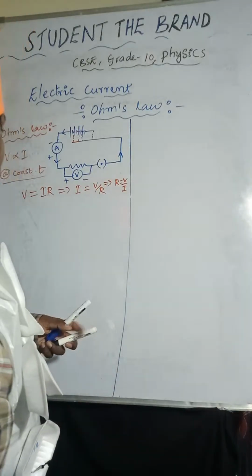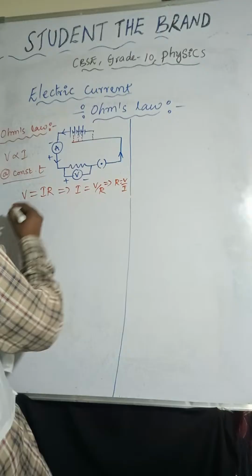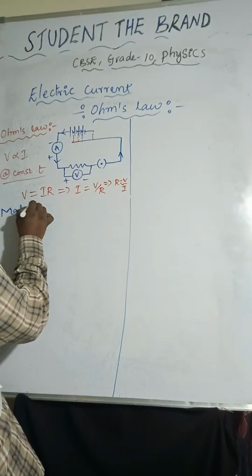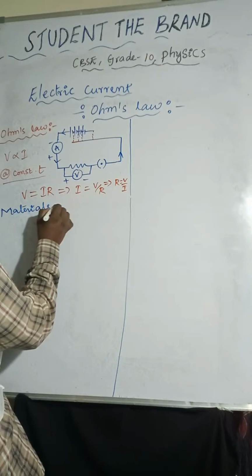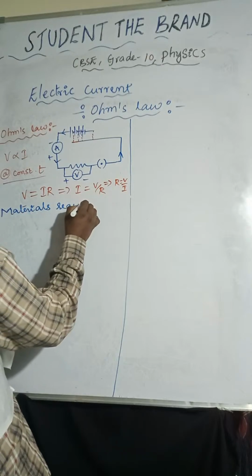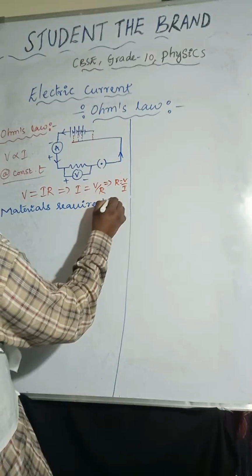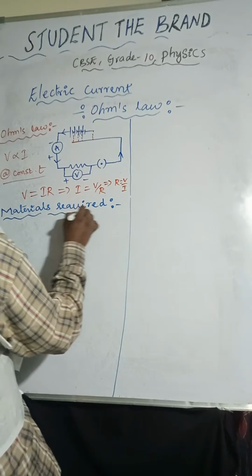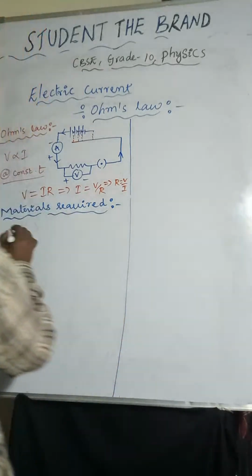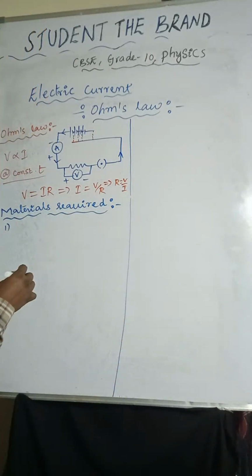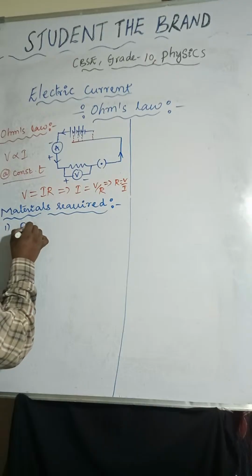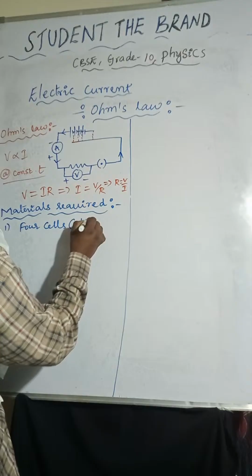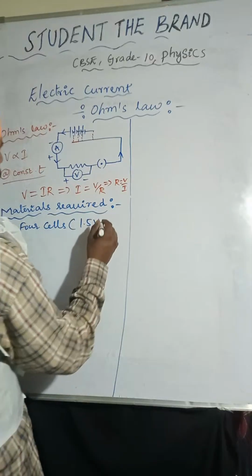Now we can see the materials required. First, you have to take 4 cells. Each cell has a potential difference of 1.5 volts.